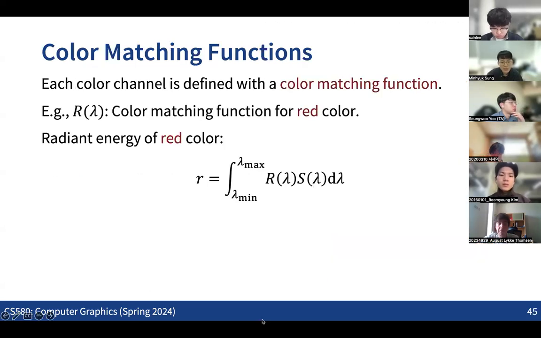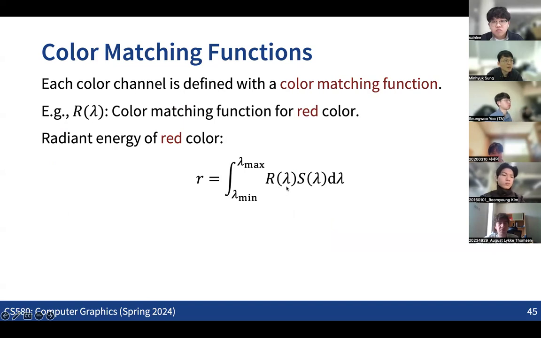Then how exactly is the color calculated? Each color is defined using a color matching function. Here S of lambda is the spectral distribution, basically the radiant energy that we are calculating for each wavelength sample. Then we can take the integral in this form with this coefficient function, which is the color matching function.